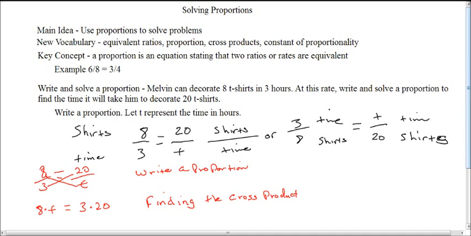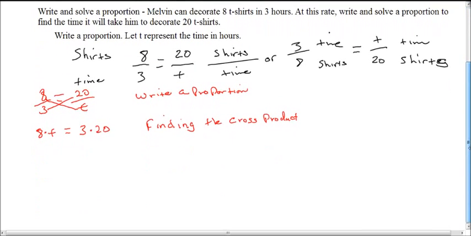Okay, now the next step we have to do is simply multiply. So if you have a number and a variable, I don't care what the variable is, some letter, to multiply them together, we use the number as a coefficient, in this case 8 and t, so we just put them together and it becomes 8t, and 3 times 20 would give us 60. So the only thing we did was multiply the cross products.